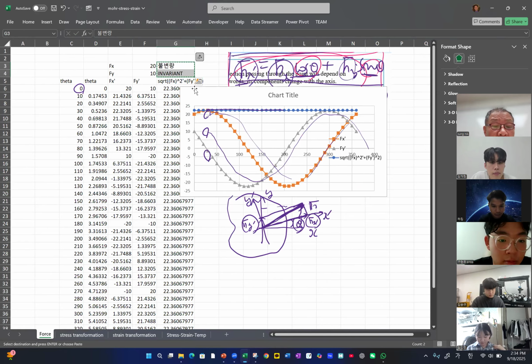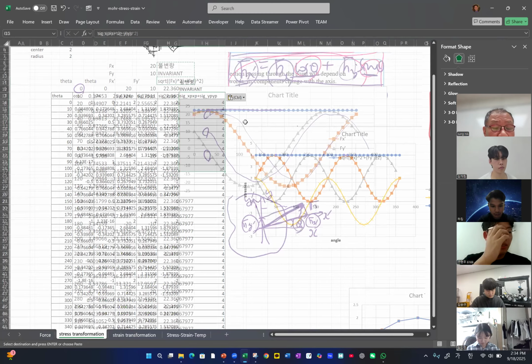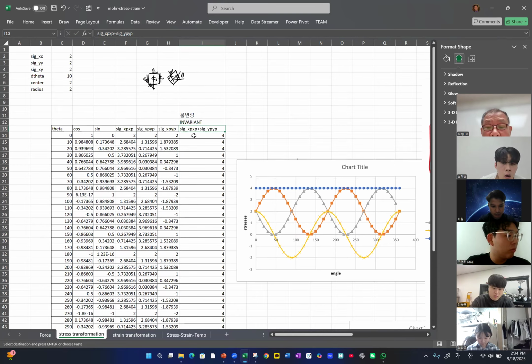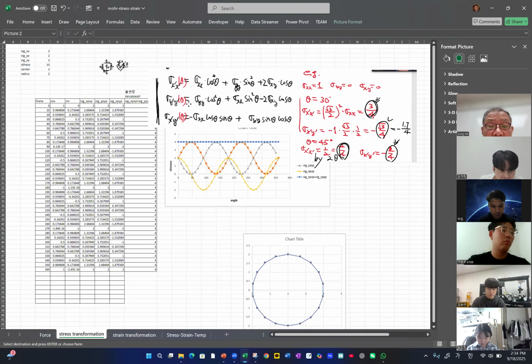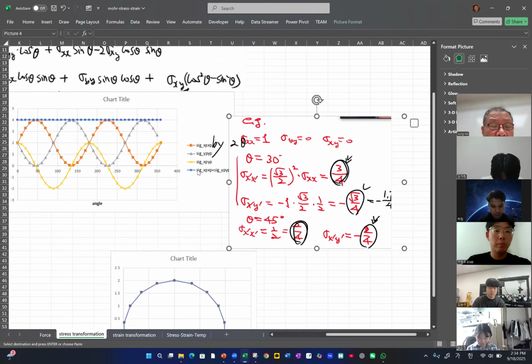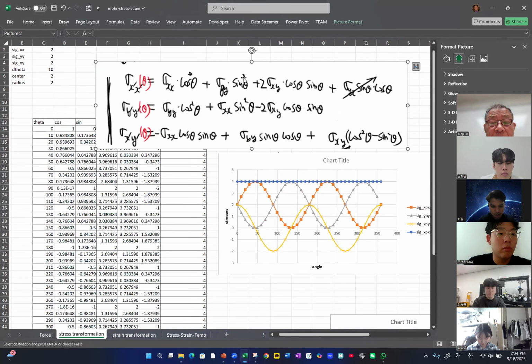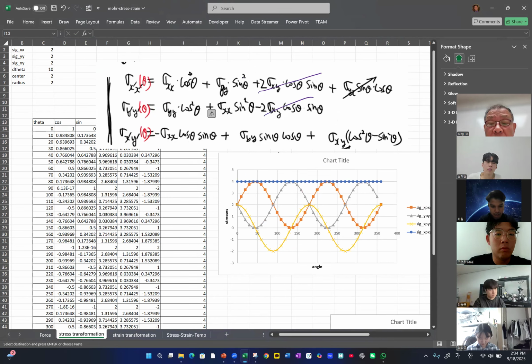Now, as you can see, this is the magnitude, so you need a square and root. But here, we just sum, plus. We don't need a square, right? And as you can see, if we add them, this term disappears, and then this term, cosine square and sine square, gives us a 1.